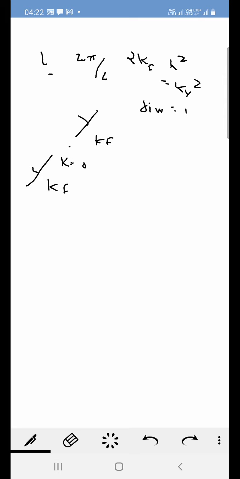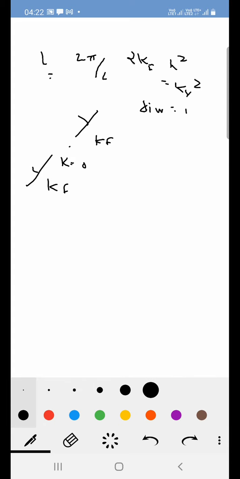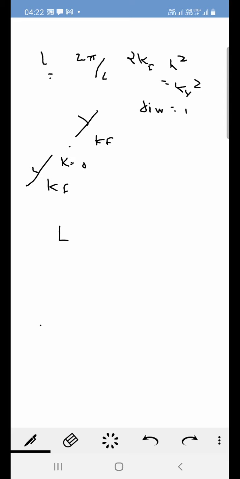This is for L. Now if this changes to L square, automatically the distance between 2 points will be 2 pi by L whole square, and so we are now talking about the area. We are not talking about only the diameter. Initially it was 2 Kf.